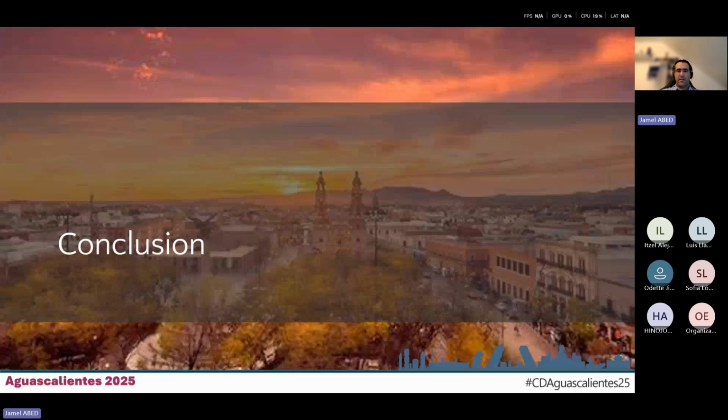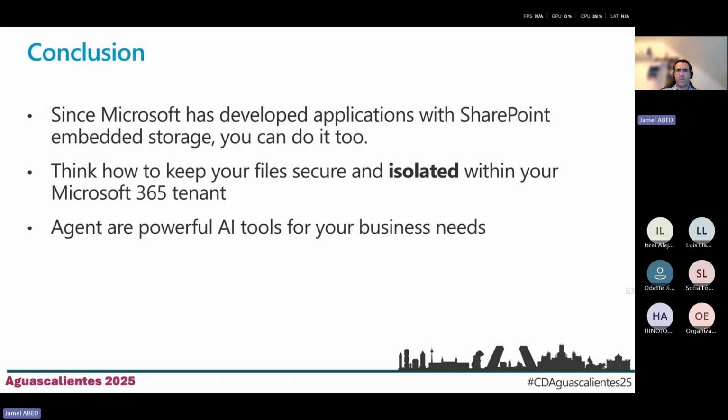And that's all. For the conclusion, Microsoft develops applications with SharePoint Embedded, and we can also develop our own agents and applications with SharePoint Embedded and all the content. If you want to search something, the storage solution stays within your Microsoft 365 tenant. You can use SharePoint Embedded as isolated data or a SharePoint document library.